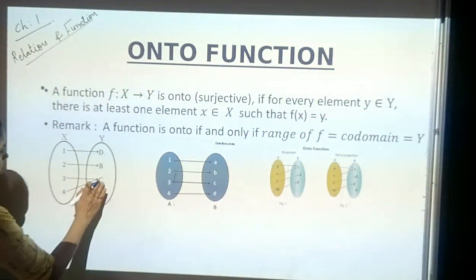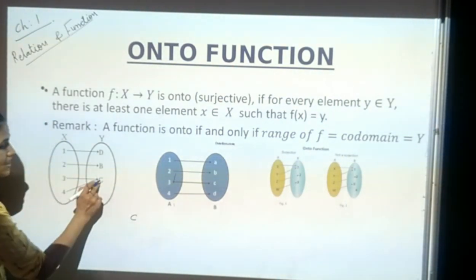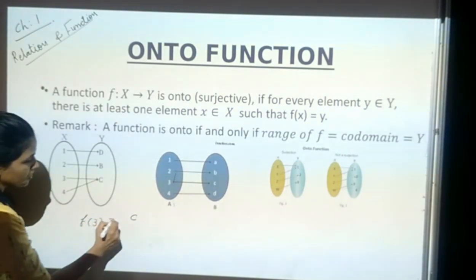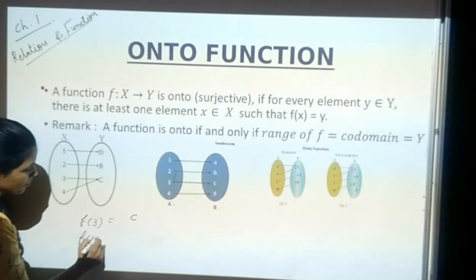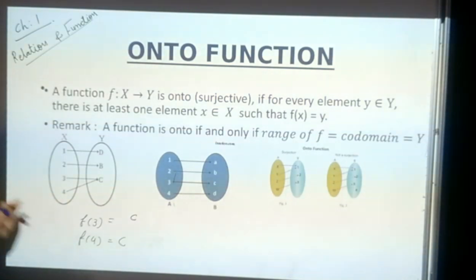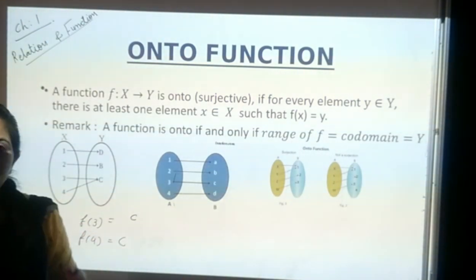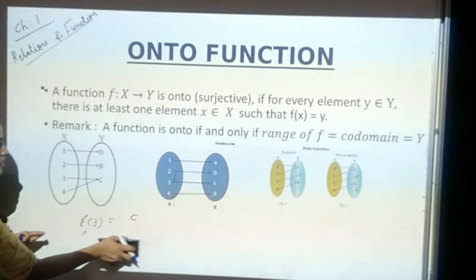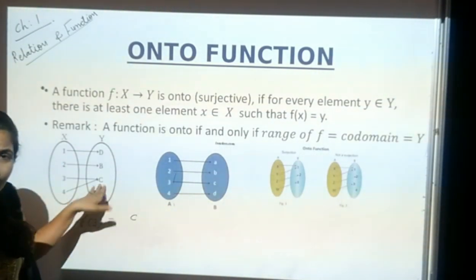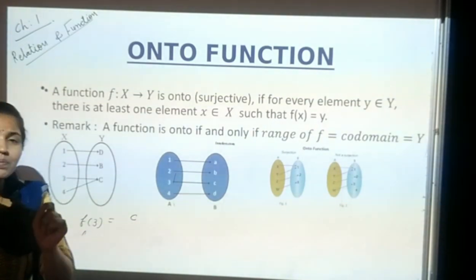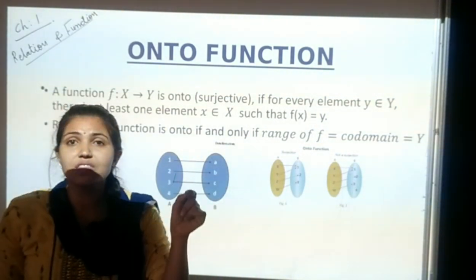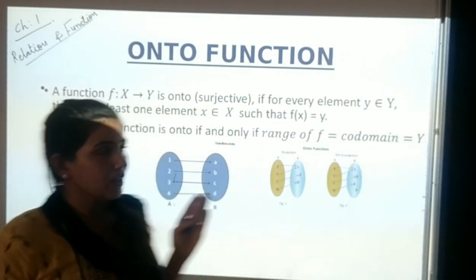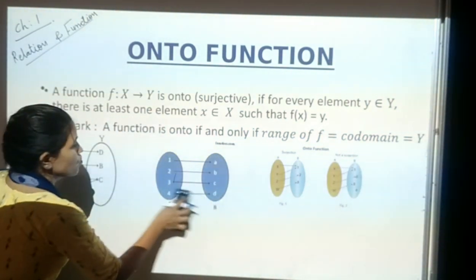That means if we pick here C, then there exist 3 and 4 such that f of 3 is equal to C and f of 4 is equal to C. It is not required that only 1 or 2 values are required, but for any value from y there exists at least one, meaning we should find such an element in A whose image is that element. That is called an onto function.